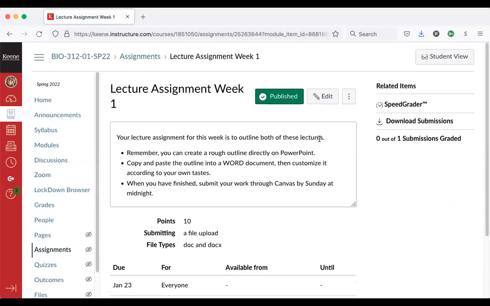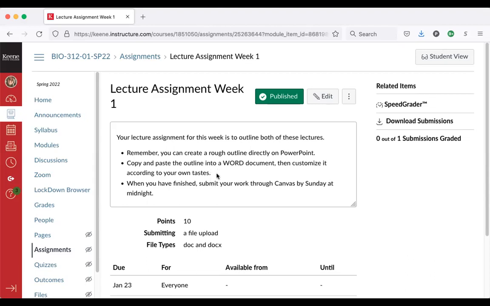And you can see they're not very extensive. It just says your assignment for this week is to outline both of these lectures. You can create a rough outline, remember, directly on PowerPoint. And then copy and paste the outline into a Word document, and then customize it, change it according to your own needs. How do you want your outline to look?